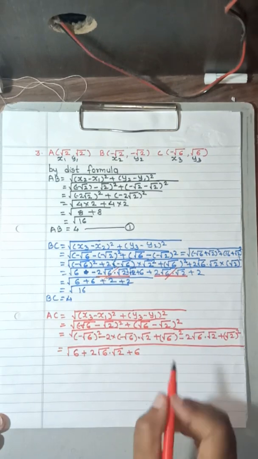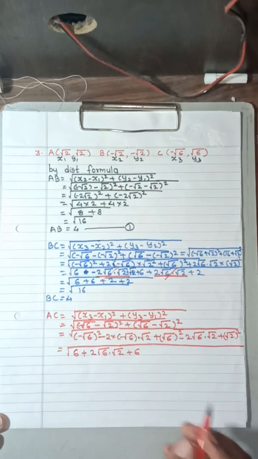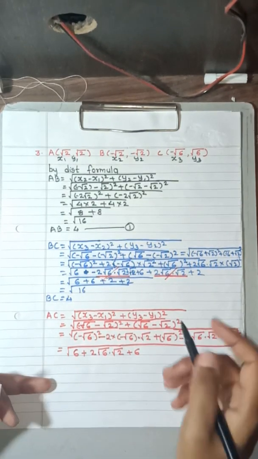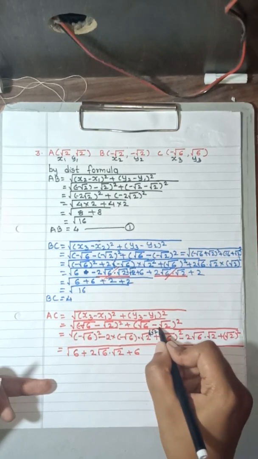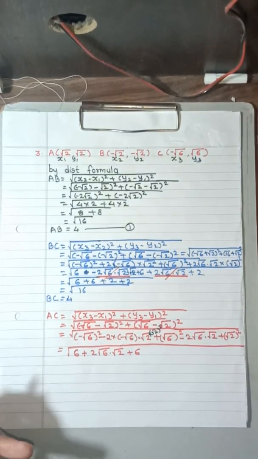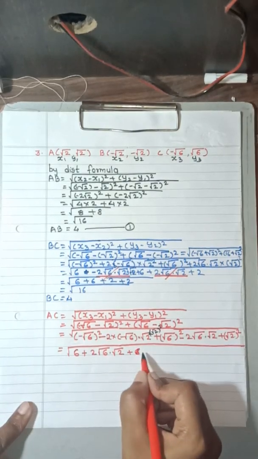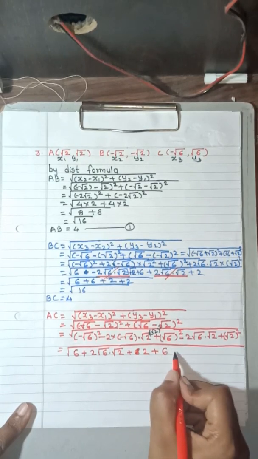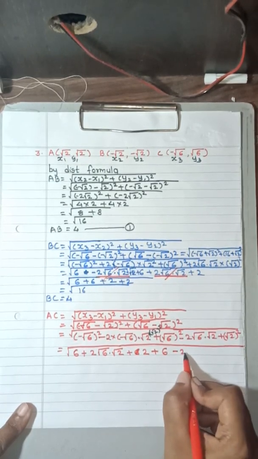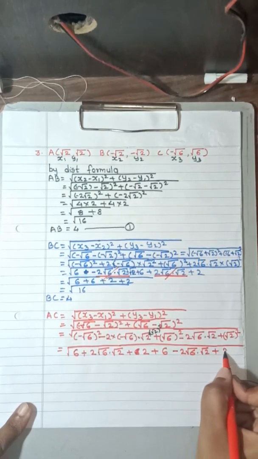Plus 6, sorry, I forgot here to write again root 2. Children, I'm writing here with black pen, plus root 2 bracket square, so this will be again 2 plus 6 minus 2 root 6 into root 2 plus this will be 2.